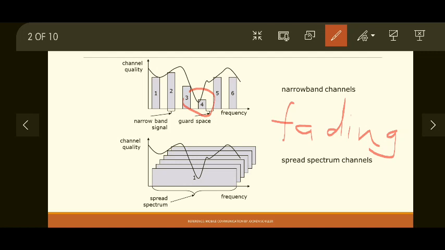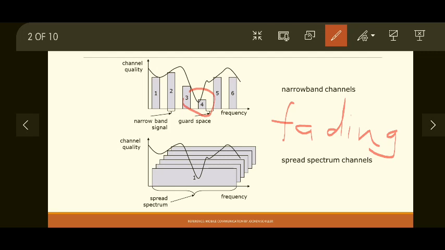Because of this, it is in danger of completely getting wiped out. Getting wiped out means it will get completely suppressed in the free space. So the receiver will not be able to detect it, and obviously it will affect our communication. Whatever data is sent on this channel number 4 will not be received by the receiver.